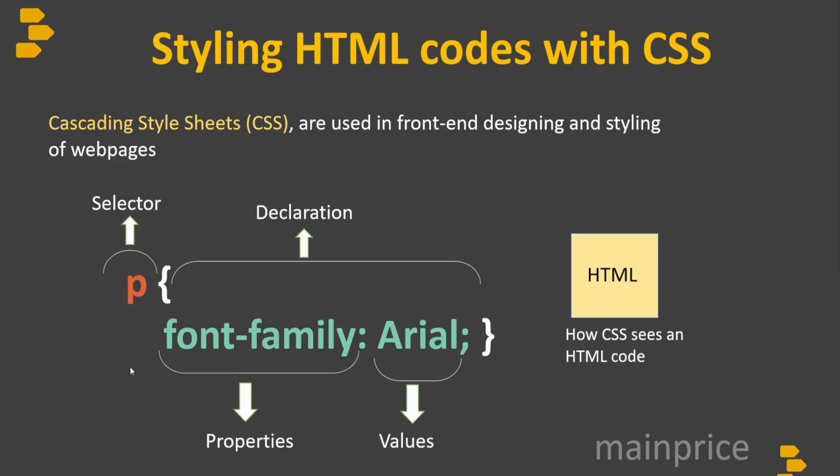So we have the selector P, which stands for paragraph, and we are declaring its font-family to have the value of Arial. So font-family is the property, and the value is Arial.